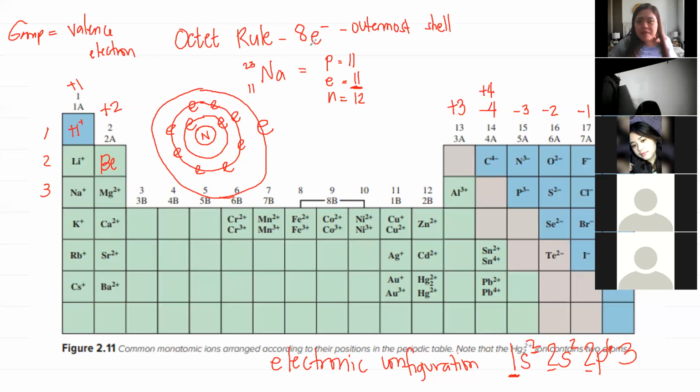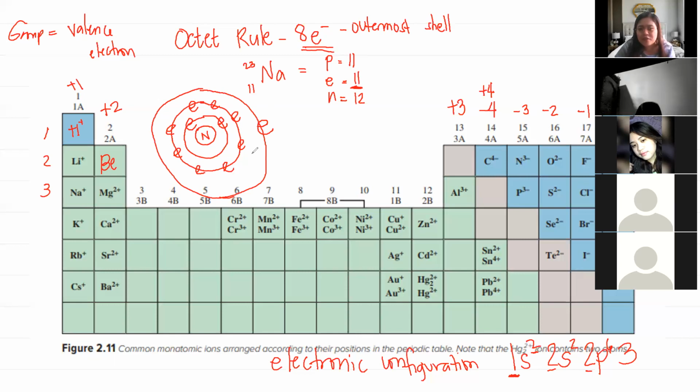Okay? To be stable, it should have 8 electrons. Okay, very good. 8 electrons in the outermost shell.